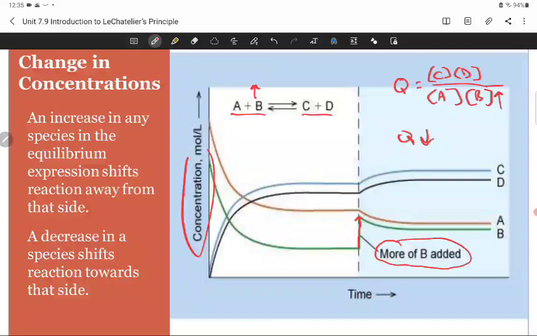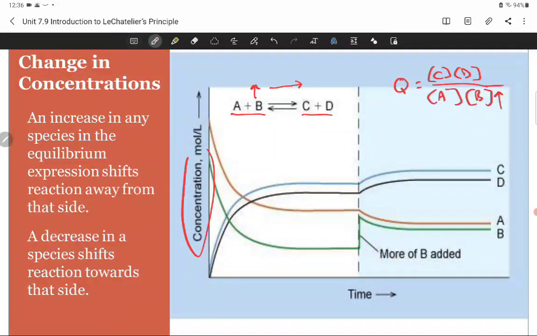Let's talk about this shifting graphically before we talk about it in terms of Q. If you add more B, it's going to shift the reaction that way, and you're going to lose reactants and gain products. Did we lose reactants? Yep, reactants went down. Products went up. And at some point you're going to go fully horizontal, and then you've reached a new dynamic equilibrium situation.